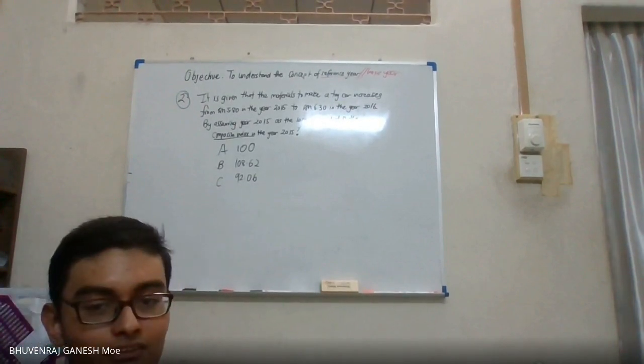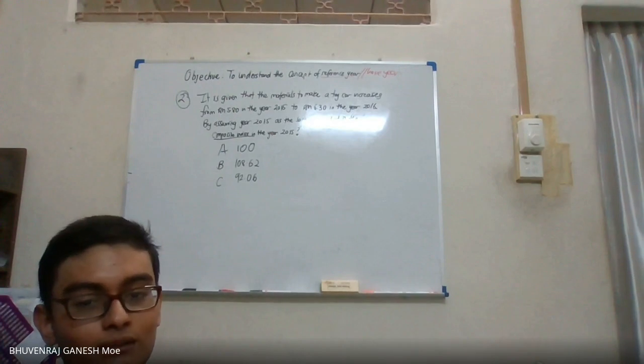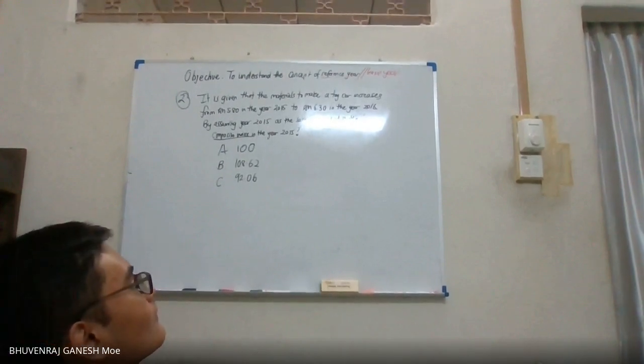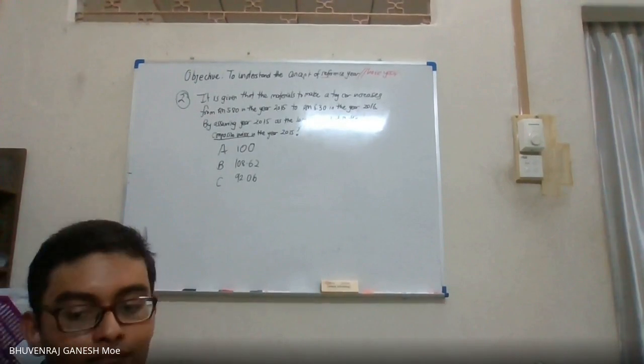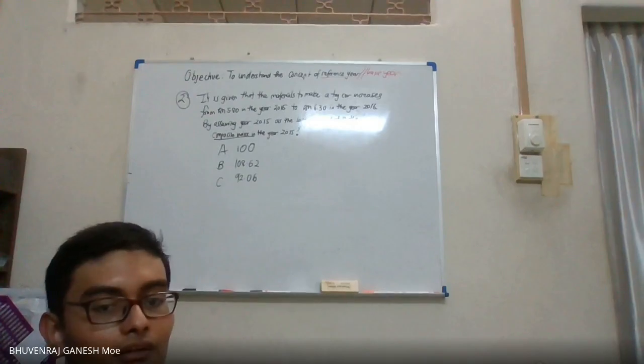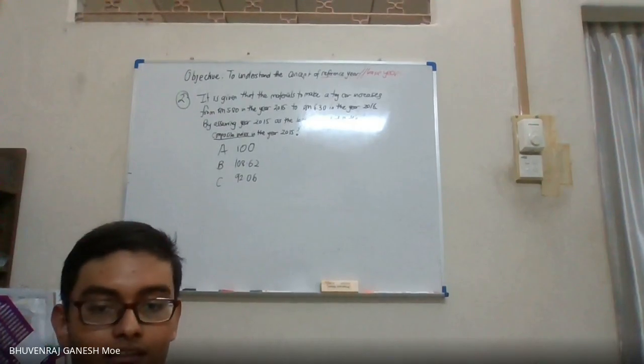That one I just gave to trick you, to see whether you use the price index formula to find the index or not. But assuming year 2015 as the base year. This whole question is talking about the base year only.